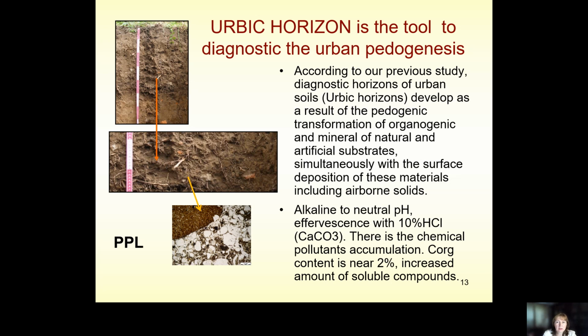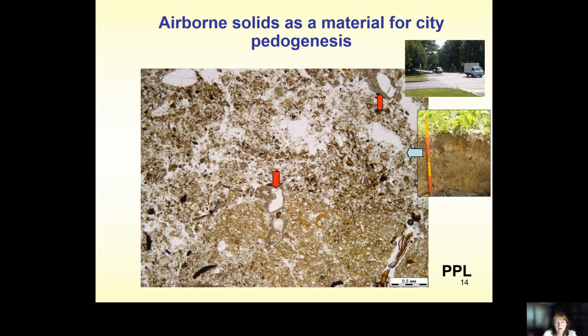According to our previous study, diagnostic horizons of urban soils developed as a result of pedogenic transformation of different substrates simultaneously with the surface deposition of these materials, including airborne solids. You can see fresh infiltration of street dust in the pores inside the upper horizon of the urban soil, red arrows.